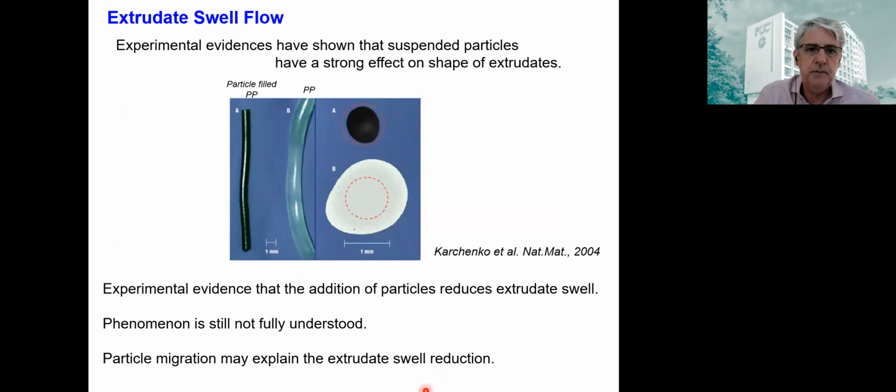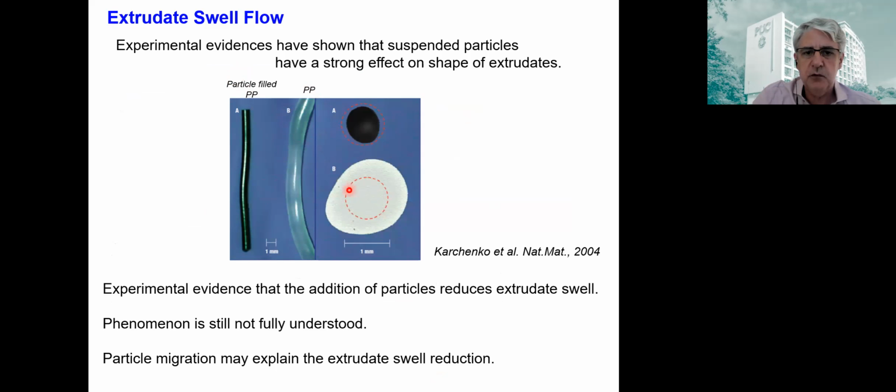The other example that we are looking at is the extrudate swell flow. There are some results in the literature that show that if you have a liquid with particles suspended in it, the die swell phenomenon is very different. Here's an example of a polypropylene die swell.